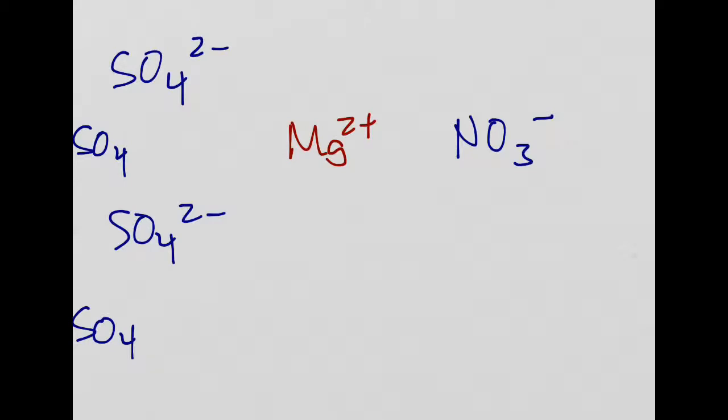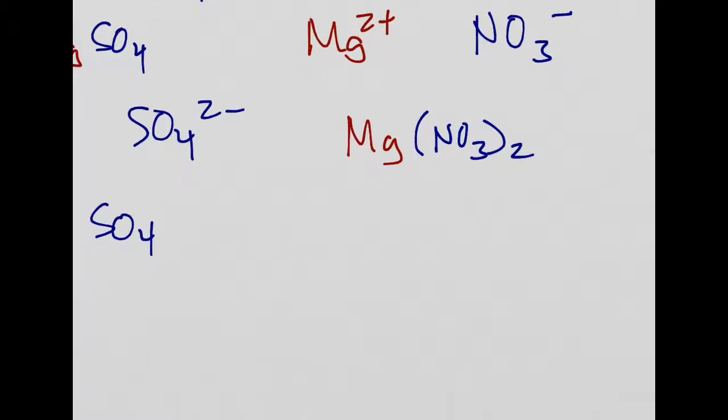No, we can't, because it's not just that I want to have 2 times 3 oxygens, or 6 oxygens. I want to have 2 of these polyatomic ions, the nitrate ions. So in fact, we can make this a little bit easy on ourselves by using parentheses. So we're going to put parentheses around the NO3, and then have a subscript of 2 outside of those parentheses. Pretty easy, huh? Not so bad.